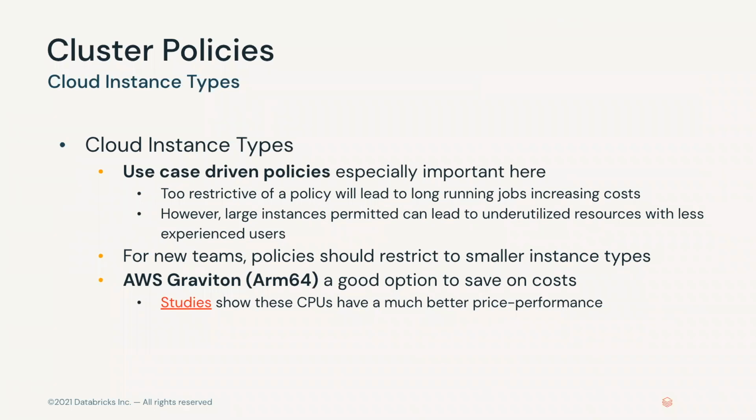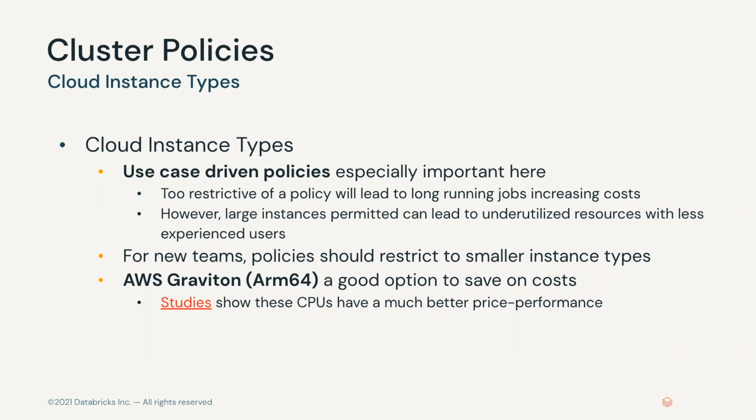Yeah, and then another thing to consider is cloud instance types. With cloud instance types, this is where we really want to think about the use case as an admin creating these policies to give to end users, because sometimes you can have cloud instances that are, let's say, very high in memory, and other ones that are very powerful in CPU and have a lot of cores.